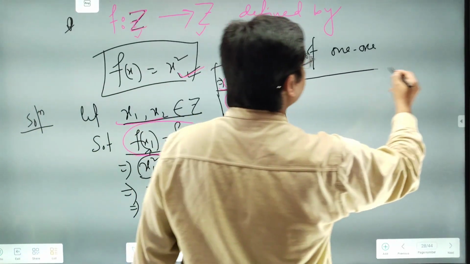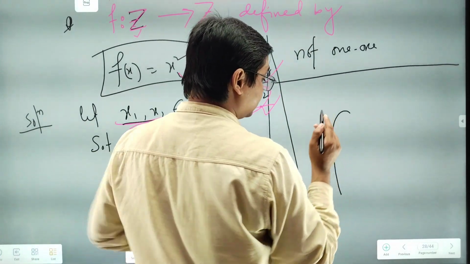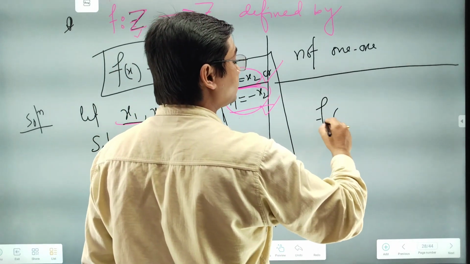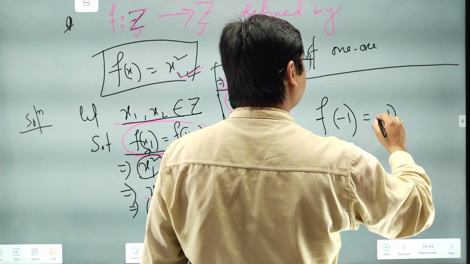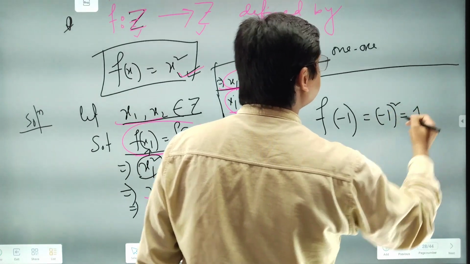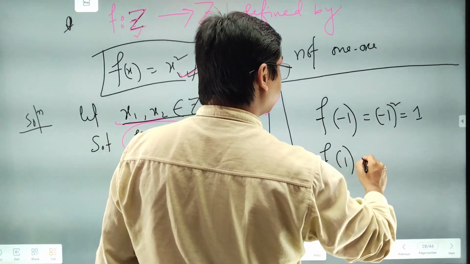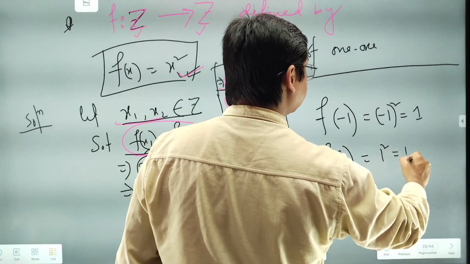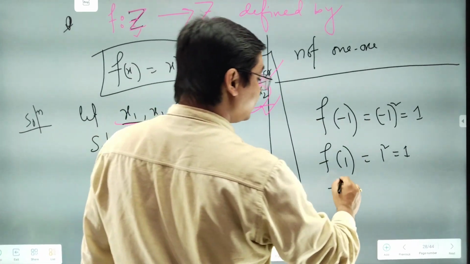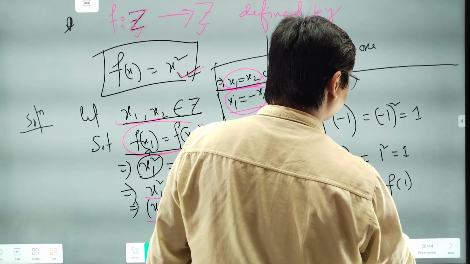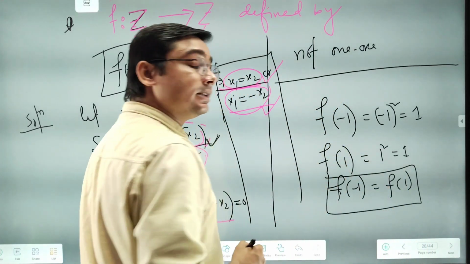For this question, there is another way to prove it. This is a shortcut. Put in some value: minus 1, this will be minus 1 squared, that means this is 1. Again you put x equal to 1, that means 1 square, so it is 1. So what we see here is that f of minus 1 and f of 1, these two are equal.